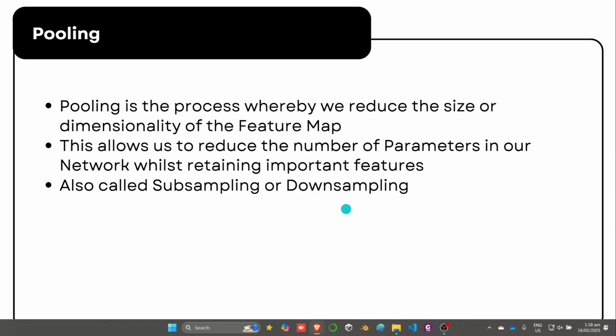So in the literature, you might come across something where it says we subsample the feature map or downsample. Basically, pooling is what they're doing. Pooling is the standard name and mostly everyone uses it, but sometimes you will come across these terms.